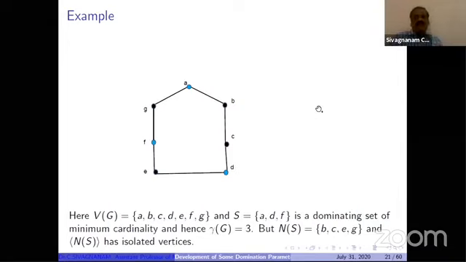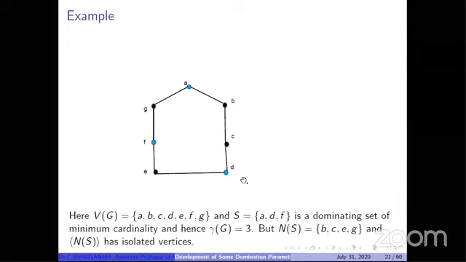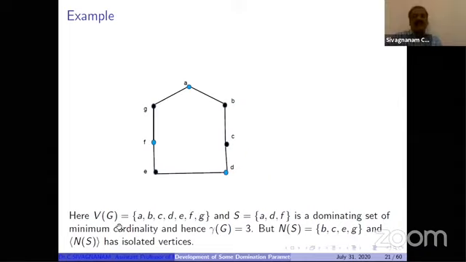Same example now. One cycle C7 I am taking, V of G containing the vertices A, B, C, D, E, F, and G. S is the vertex set containing the vertices A, D, F. It is a dominating set of minimum cardinality, and hence gamma equal to 3. Already we verified this.